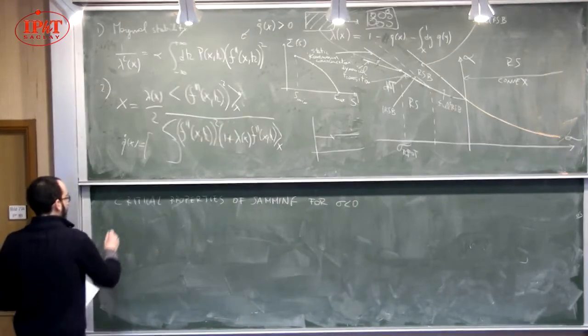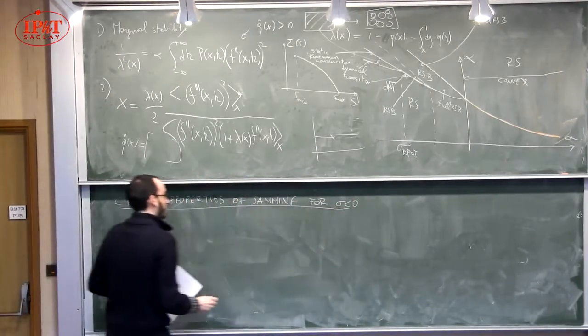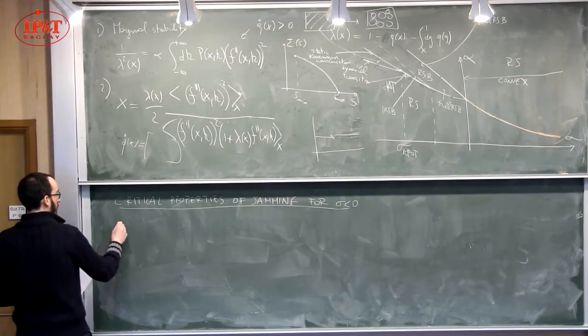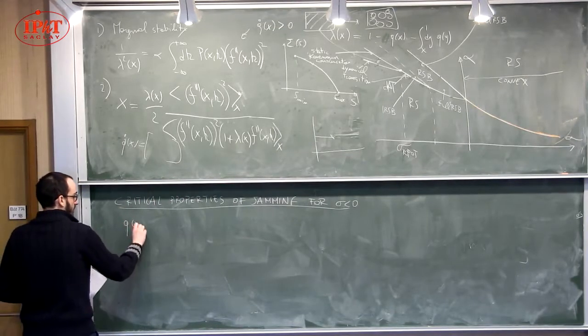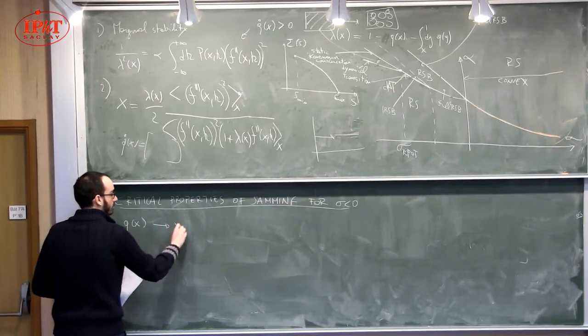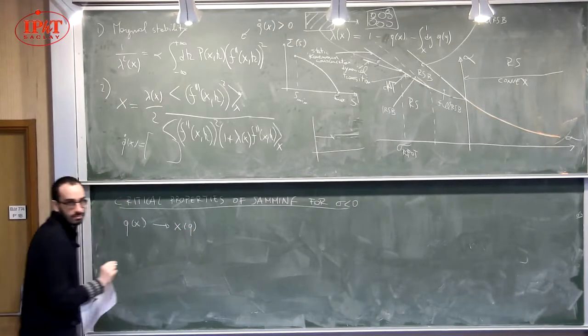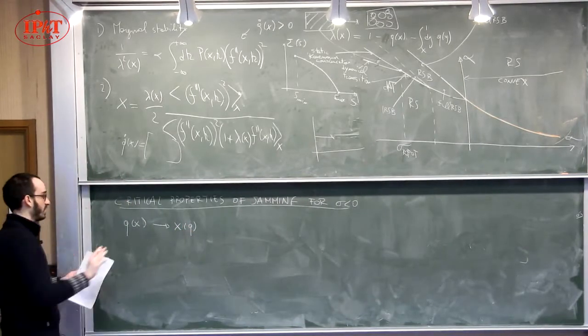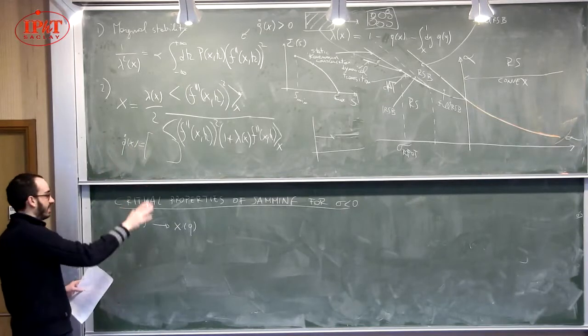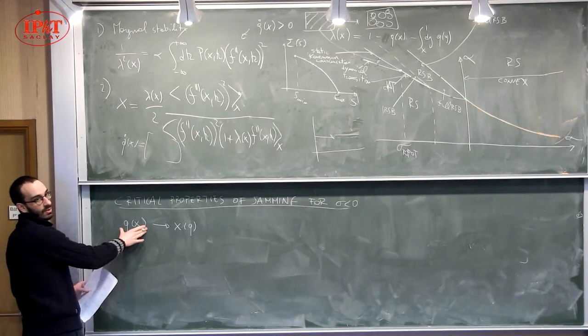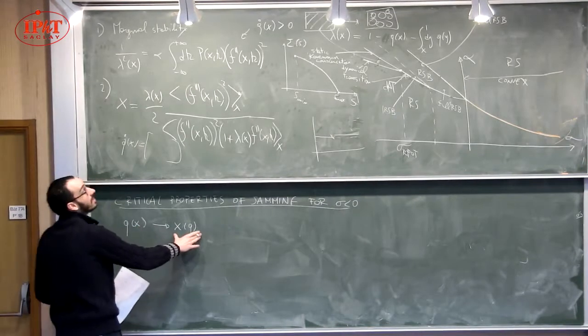The first thing that I would like to do is to switch from q of x to x of q. So I just rewrite everything. Instead of using q of x, I will use x of q.